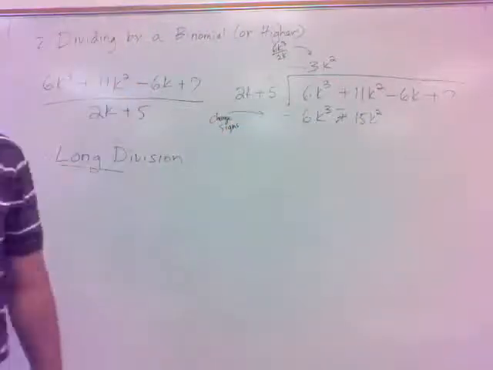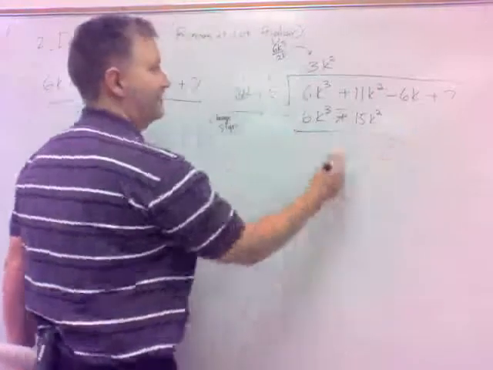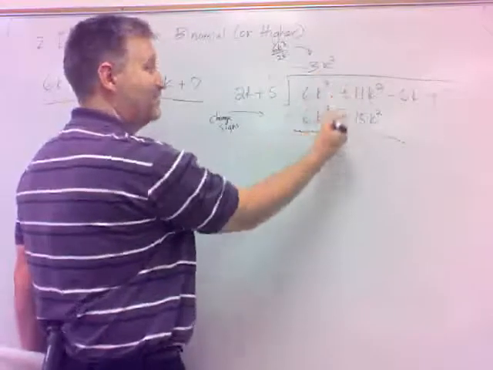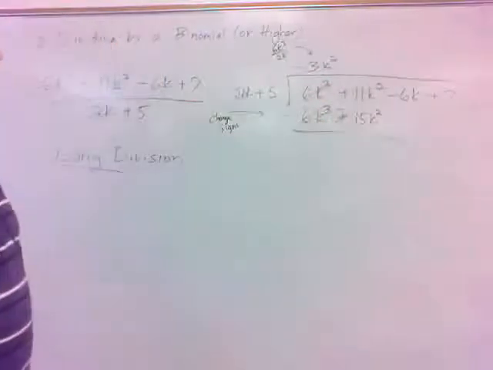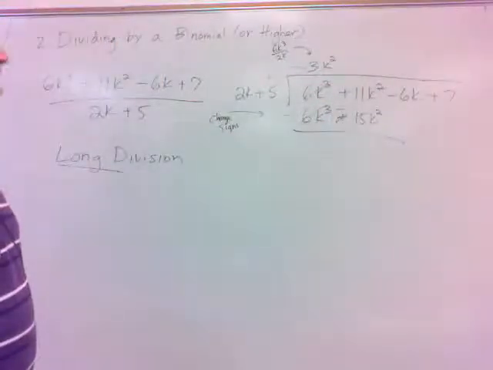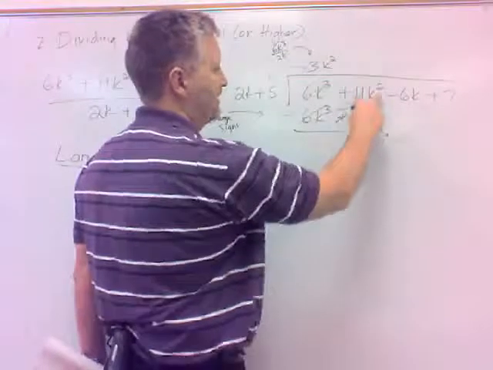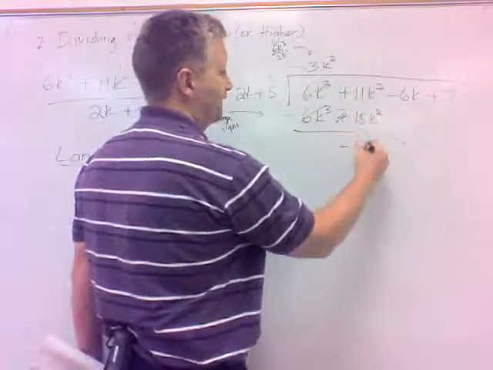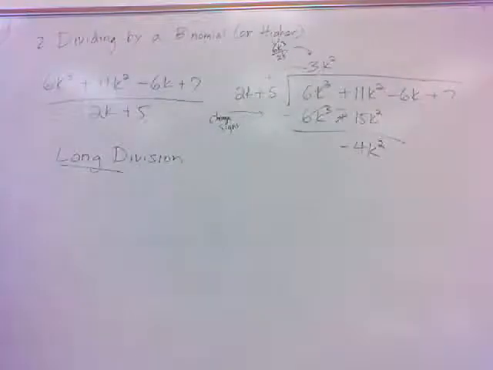On the first parts, 6k cubed minus 6k cubed is 0, so we do want that. Now on the second ones, 11 minus 15 k squareds doesn't cancel out. We get a minus 4k squared, don't we? And that's the process.